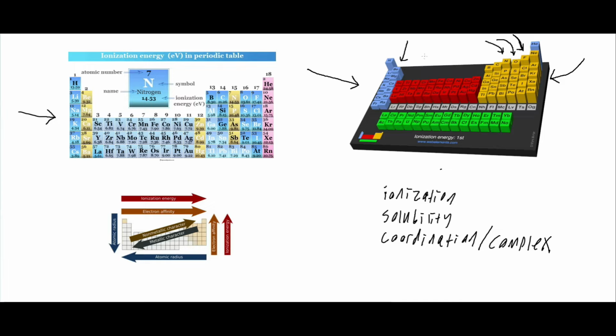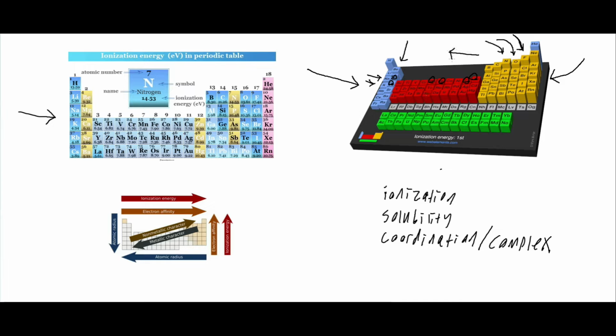But anyway, when we're talking about ions in biochemistry, a lot of the ones we're going to be talking about are sodium, potassium, magnesium, calcium, and things like manganese, iron, zinc, and copper.